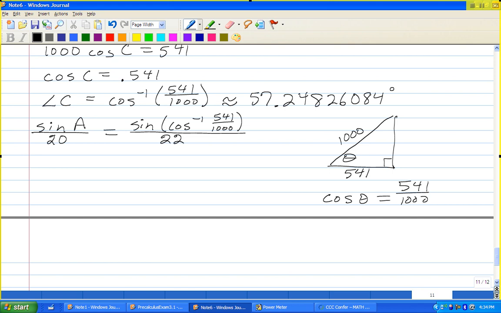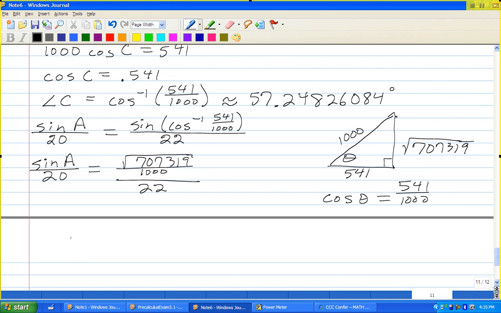So 1,000 squared minus 541 squared, 707,319, is the square of side B. Okay, so I have that the sine of A over 20 is equal to the sine, which is opposite over hypotenuse, the square root of 707,319 over 1,000 divided by 22.